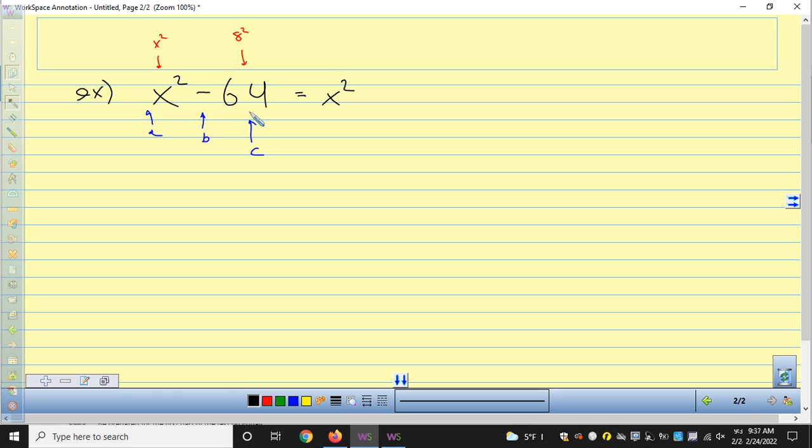Well, how many x's do we have? None. We have 0. So we can write this as x squared plus 0x minus 64. So when we don't have that term there, we can think of it as 0. So a is 1, b is 0, and c is negative 64.